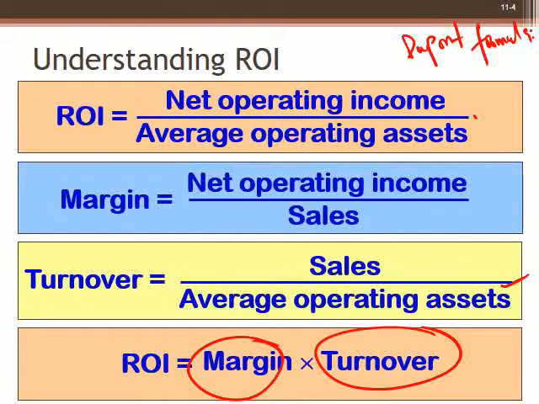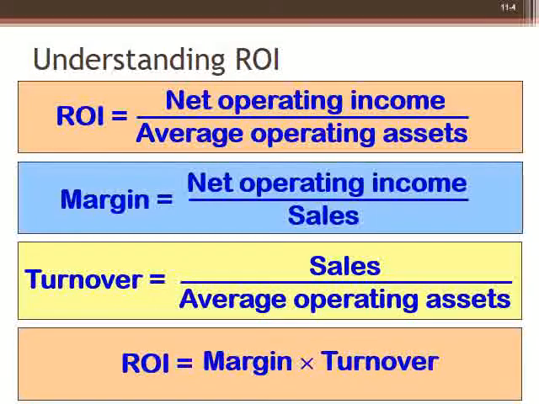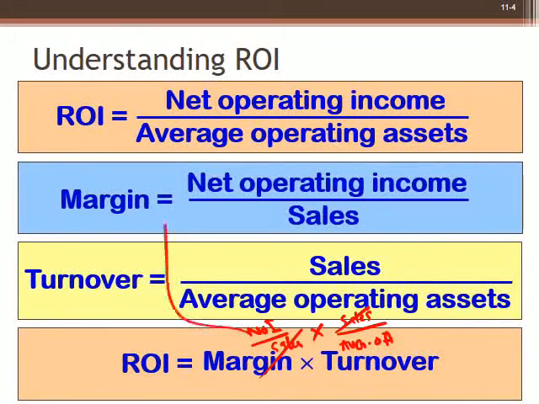If we multiply margin by turnover, the sales cancel. At the end, we end up with the same formula, which is net operating income divided by average operating assets, right?